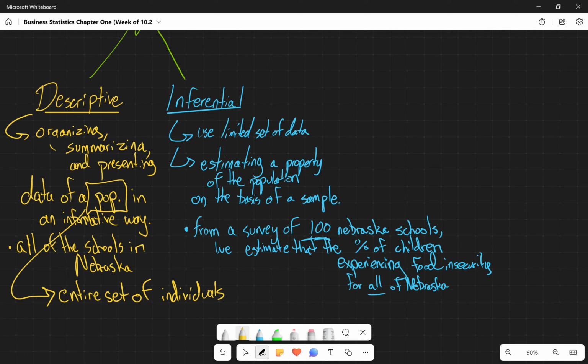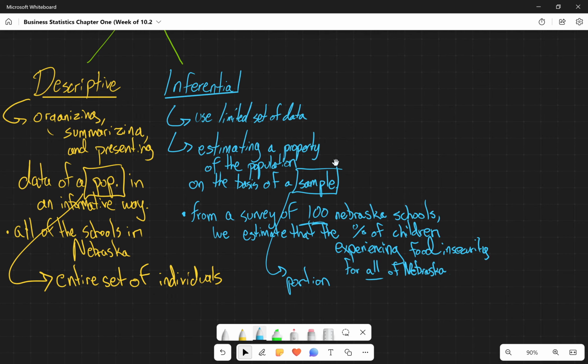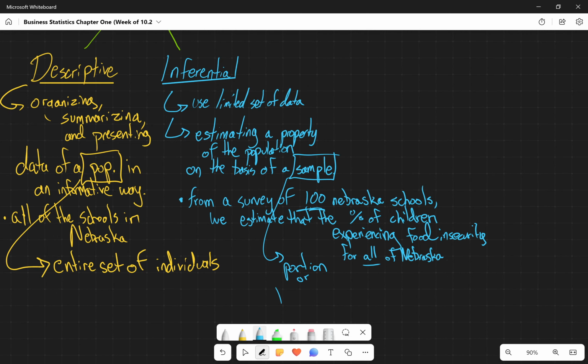The entire set of individuals. And then a sample is going to be a portion or a part of that population of interest.